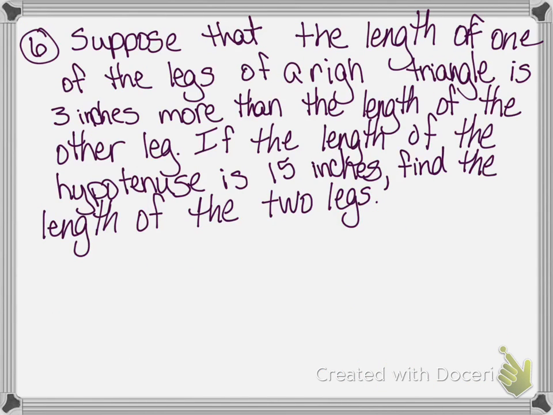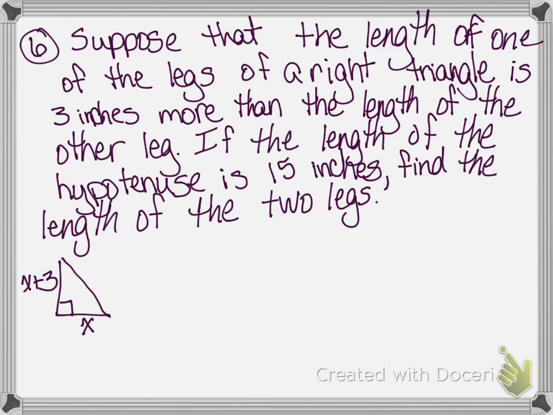Suppose that the length of one of the legs of a right triangle is 3 inches more than the length of the other leg. Okay? So here are the legs of the right triangle. I would have x here, and then I would have x plus 3 here.